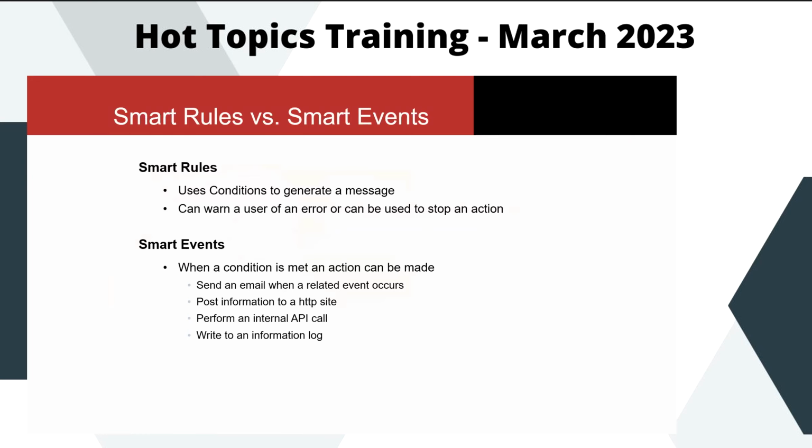transactions. So within smart rules, you have your conditions, and these conditions will be used to generate a message. You can also use smart rules to give a warning to a user of any error and any action that needs to be stopped before proceeding.